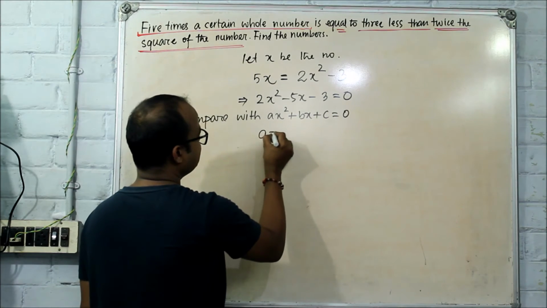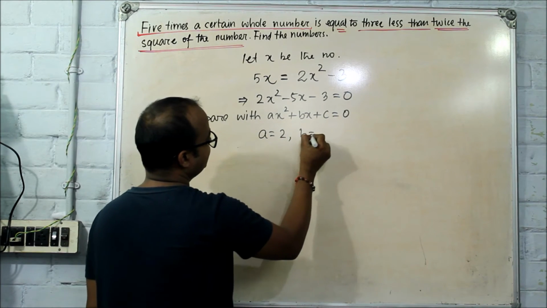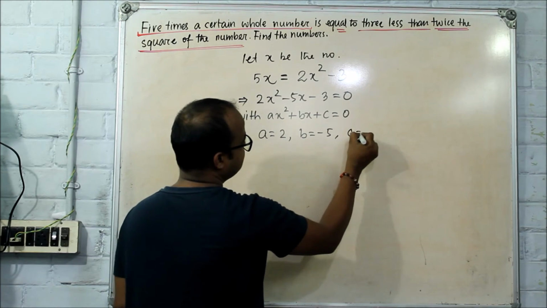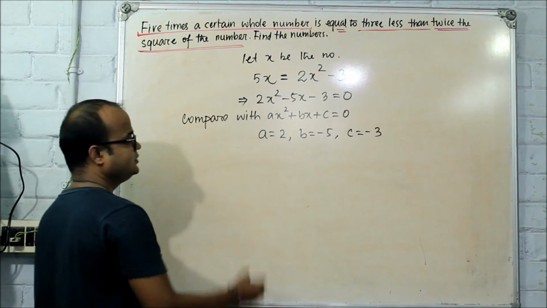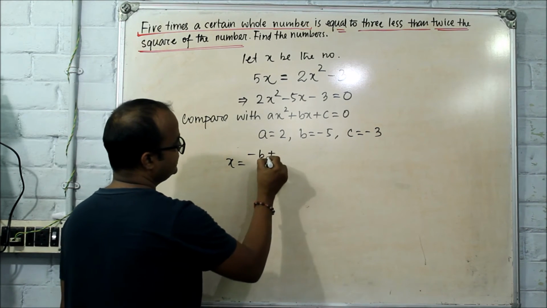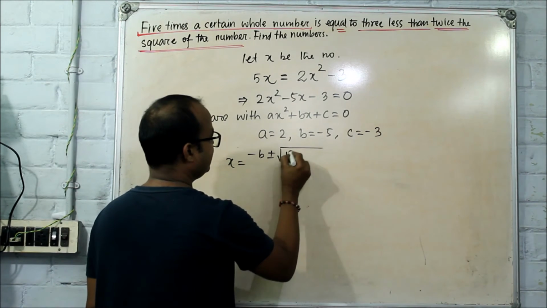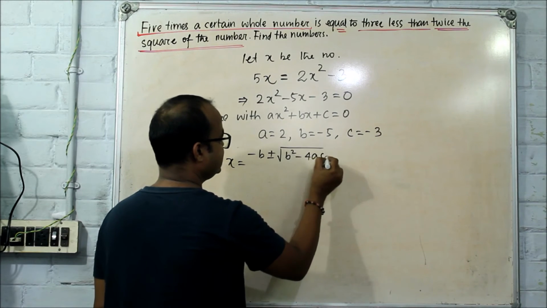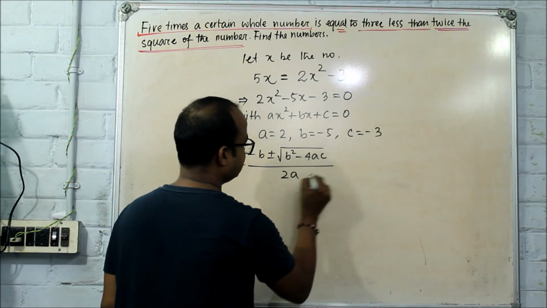We will get a is equal to 2, b is equal to minus 5 and c is equal to minus 3. So x is equal to, the formula is minus b plus minus square root of b square minus 4ac, by 2a.